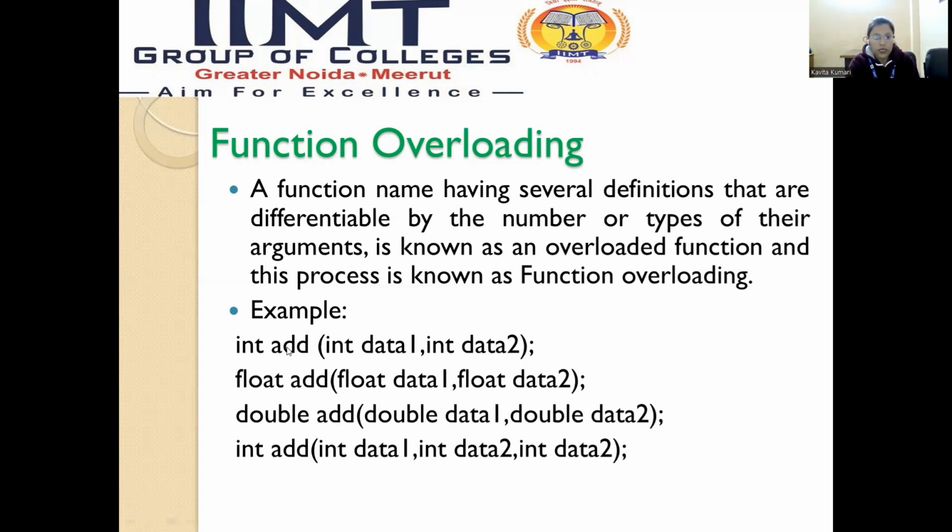Here data1 and data2 are of int type, and here data1 and data2 are of float type. Similarly, in function overloading, I have same-name functions with different types of arguments and also different numbers of arguments. For example, here I have two data of integer type, and here I have three data, and all three are of integer data type.